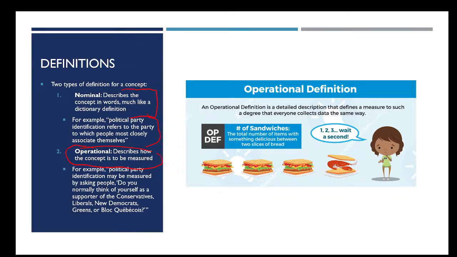But the operational definition is basically your straightforward explanation of how you're going to measure whatever indicator it is that you want to talk about. So, for example, political party identification may be measured by asking people, do you normally think of yourself as a supporter of the Conservatives, Liberals, New Democrats, Greens, or Bloc Québécois?